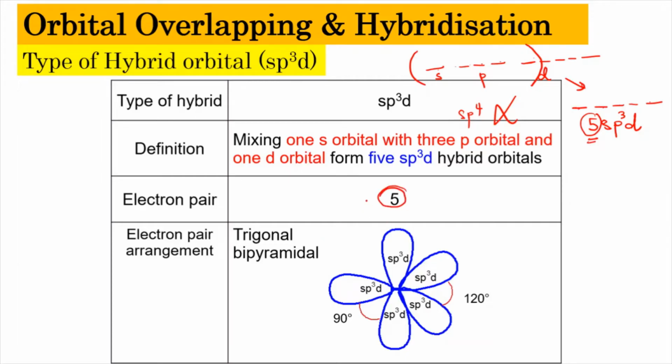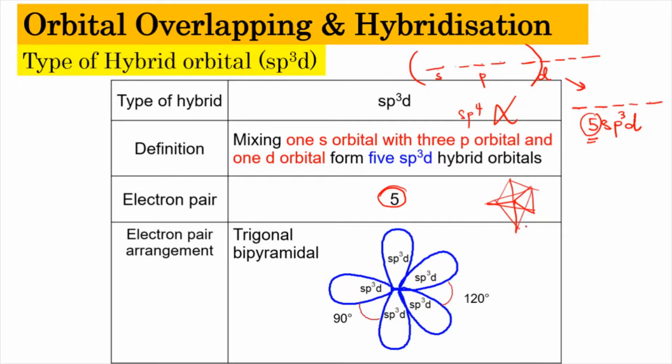And this 5 electron pair refers to the trigonal bipyramidal. So if you were to draw the VSEPR, you're going to get it to be something like this. 3 on the plane, and then we have 1 and down below, like a pyramid.